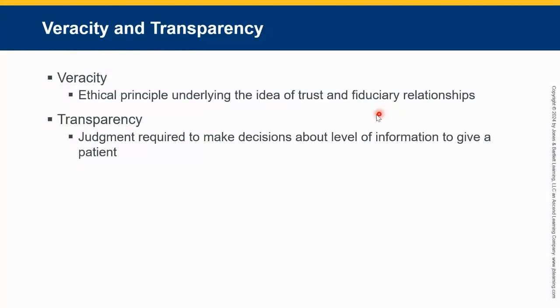When I think of veracity, I try to think of a synonym, which is truthfulness or accuracy. So the ethical principle that the provider is going to be truthful and accurate in the information that is shared with the patients.